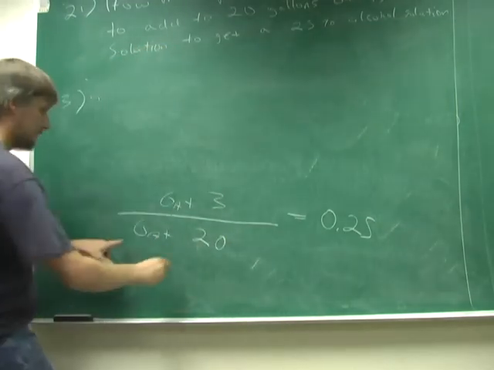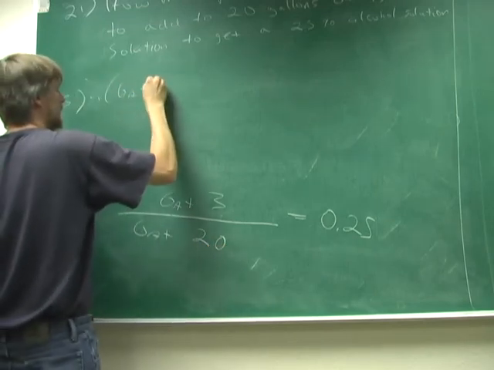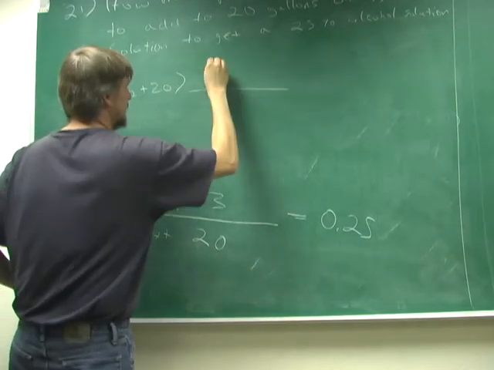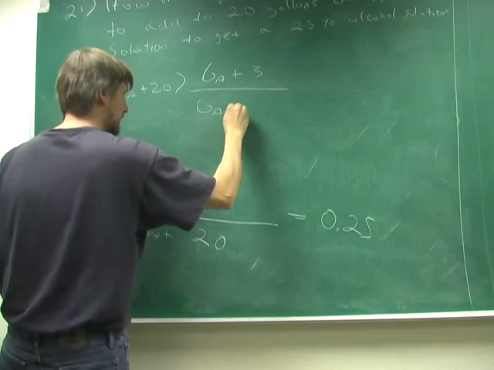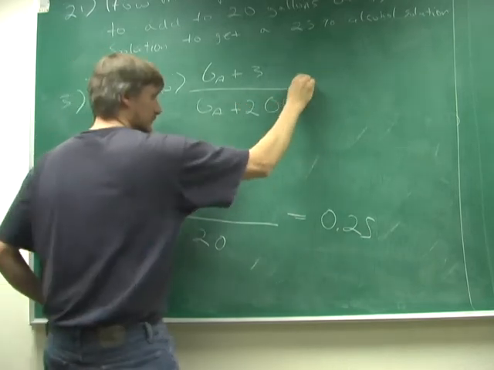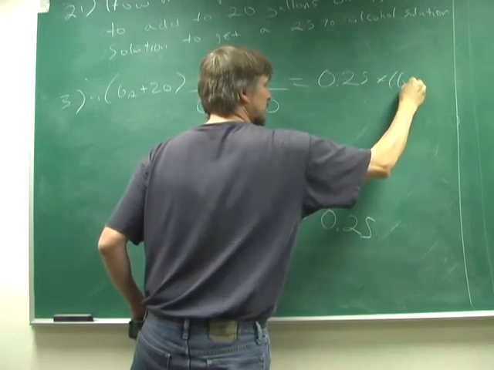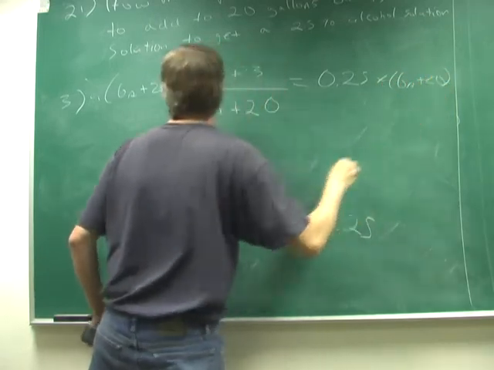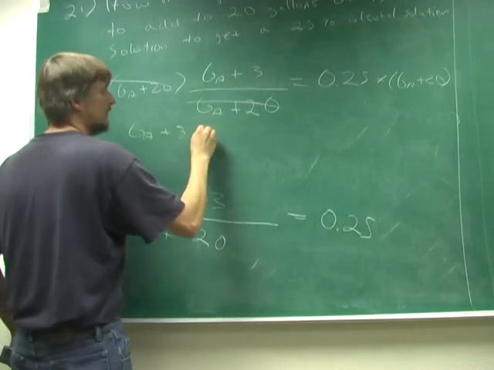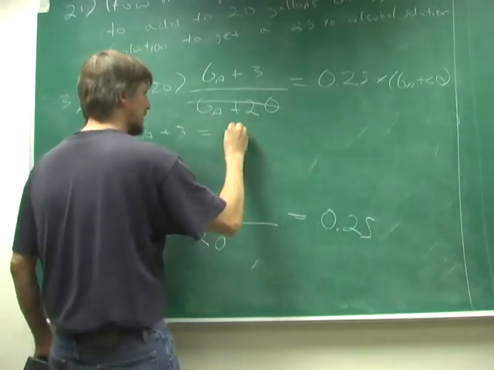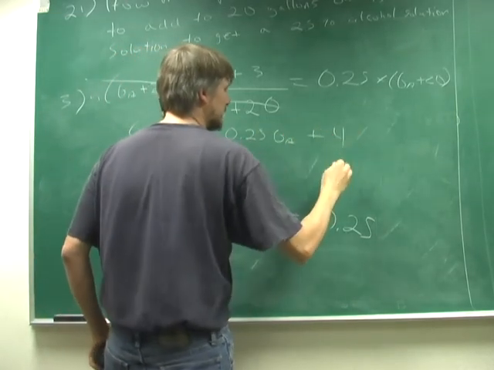Now that we have that, we can multiply both sides by G sub A plus 20. These will cancel out over here. We'll have G sub A plus 3 equals, we'll distribute that 0.25, 0.25 G sub A plus 5.